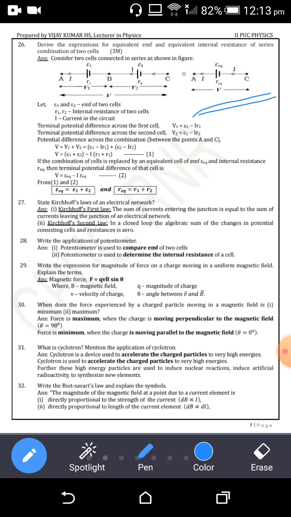So this is regarding the expression for equivalent EMF and equivalent internal resistance of series combination of two cells.